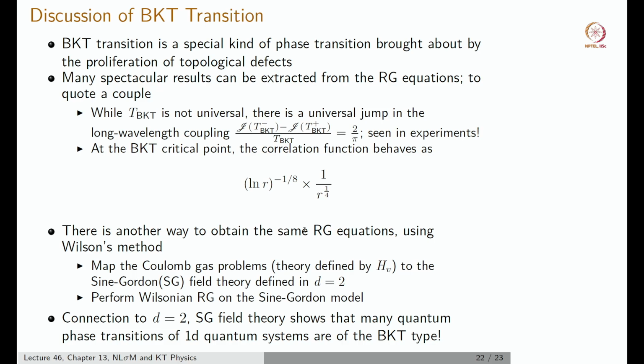So now you realize that many phase transitions of these 1D systems with continuous symmetry will turn out to be BKT like, right, with some U(1) symmetry, etc. There are many systems with U(1) symmetry in 1 dimension. So they will have transitions which are BKT-like quantum phase transitions. So you see that this BKT physics will have a lot to say about systems in low dimensions, not just in 2 dimensions.